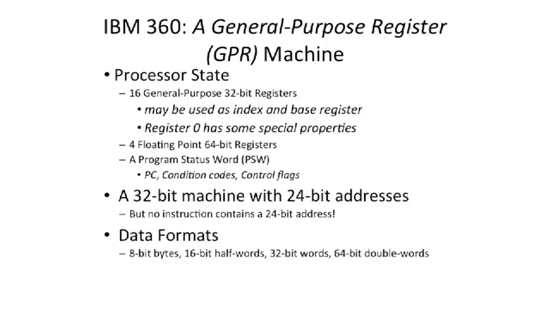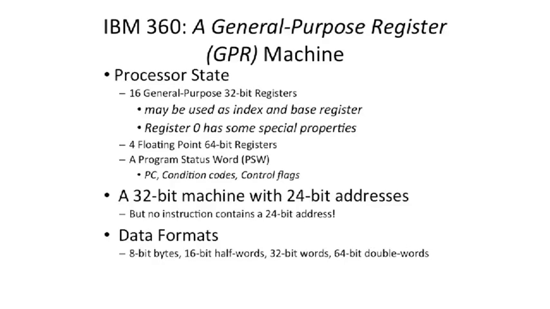The IBM 360 is a general purpose register machine, and we'll talk more about that later in this lecture. But to give you an idea, this is what the programmer saw, or what the software system saw. This isn't what was actually built in the hardware, because that would be a microarchitecture constraint. The processor state had 16 general purpose 32-bit registers. It had 4 floating point registers.